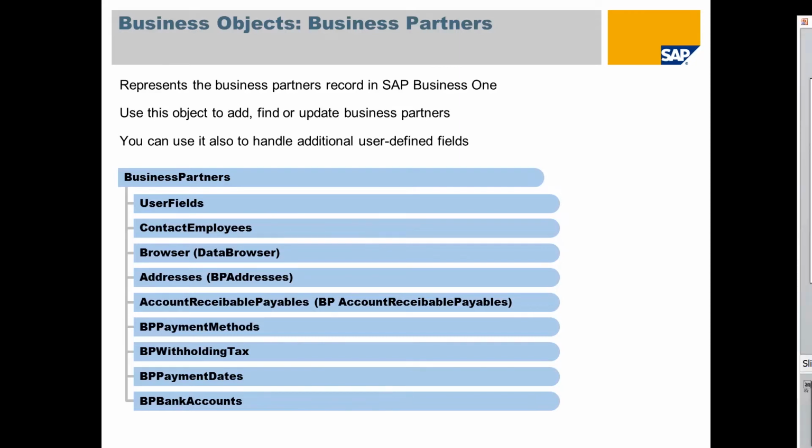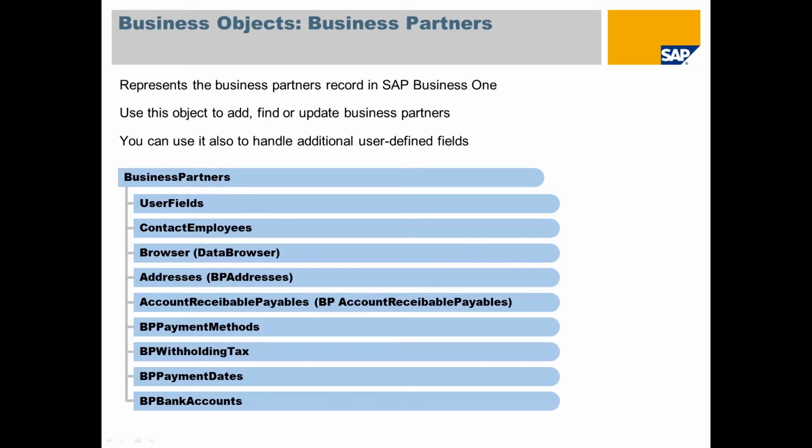Besides the object itself and all the properties that represent the single data in the record in the database, it also contains a large number of properties that represent sub-objects in the database stored in different tables. If you can see here on the business partner, there are sub-objects under the business partner object. So you have the addresses, the contact employees, and others.